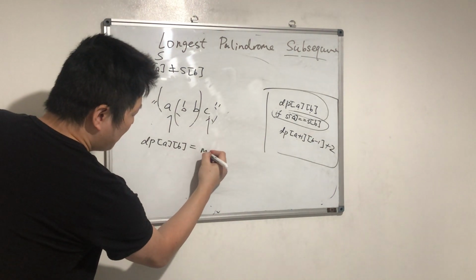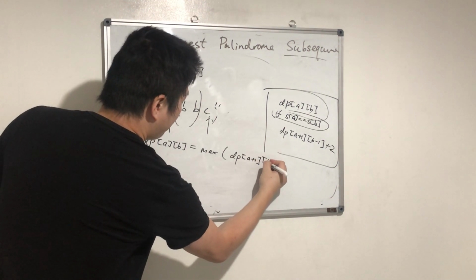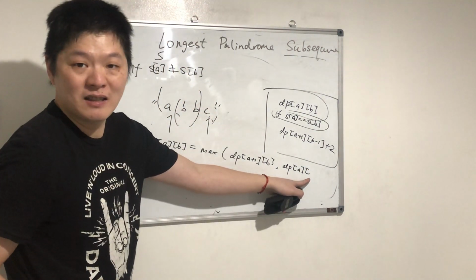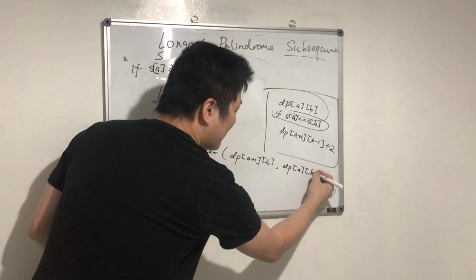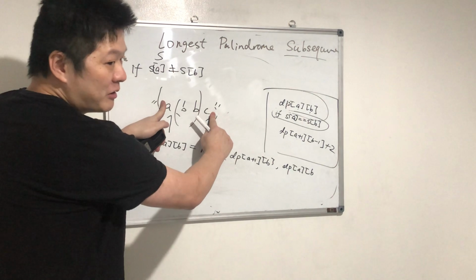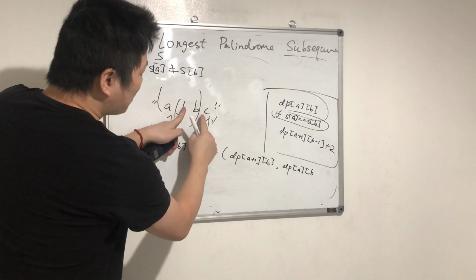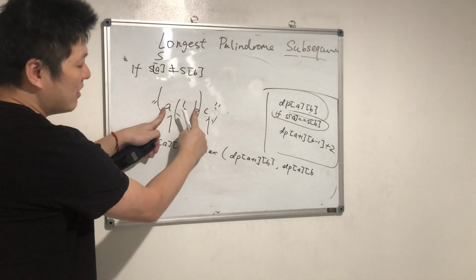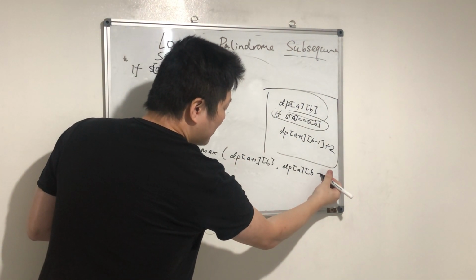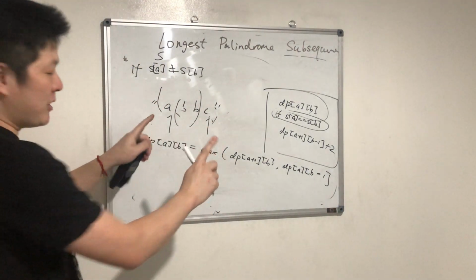It equals the maximum of dp[a+1][b] and dp[a][b-1]. If S[a] is not equal to S[b], it will be dp[a+1][b] or dp[a][b-1]. So basically, look one more time.